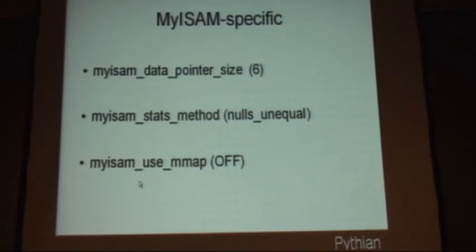Yes? On the stats method, if you change that, do you have to reconfigure the statistics somehow after you change it? So the question is, when you change the MyISAM statistics method, do you have to reanalyze the table or whatever? That's a good question. I don't know.